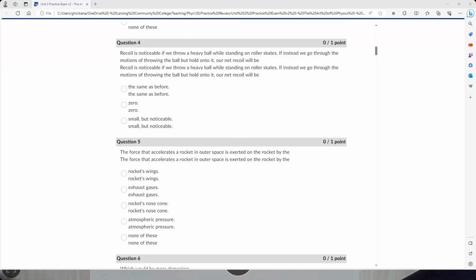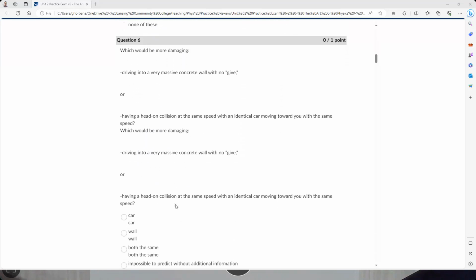Here the reason that the rocket is traveling out in space is because of the exhaust gases, yes? Exhaust gases. So the second part is going to be the right answer.